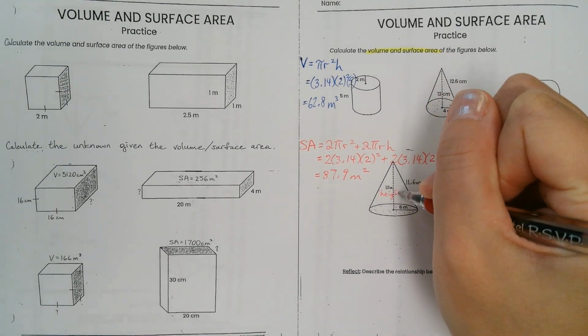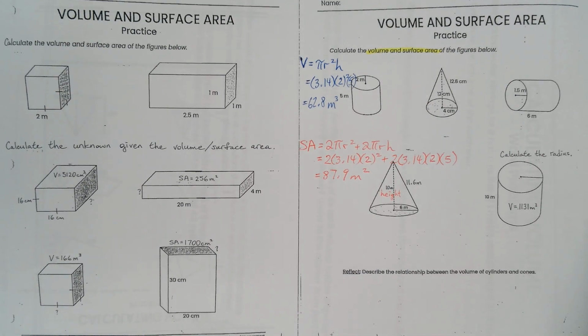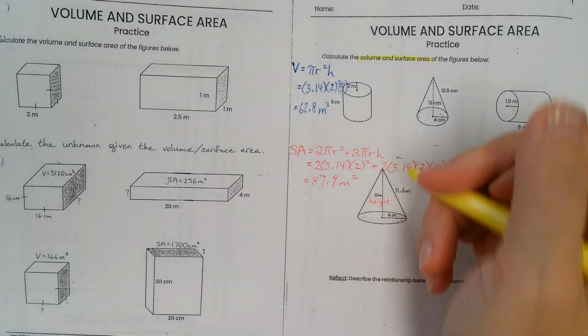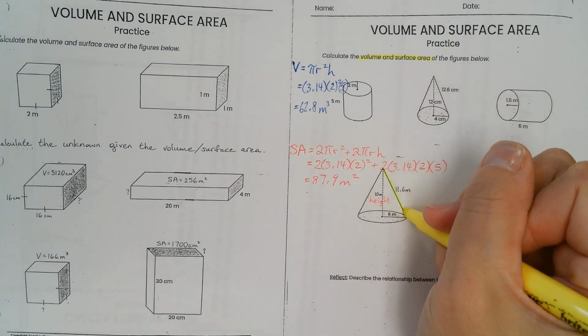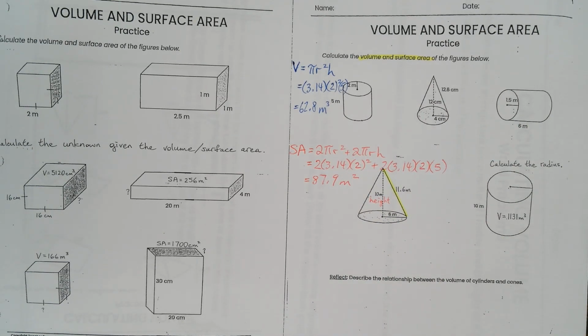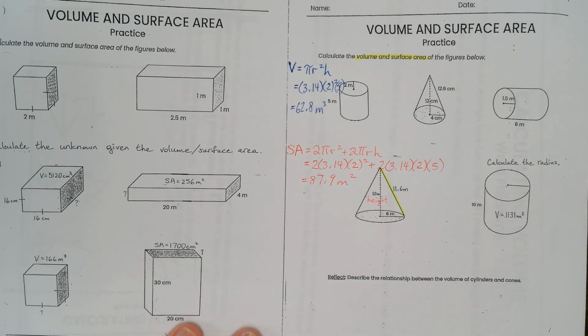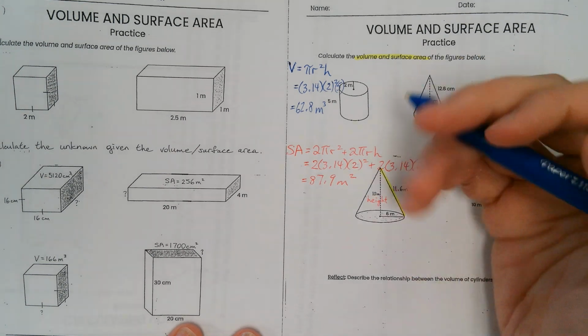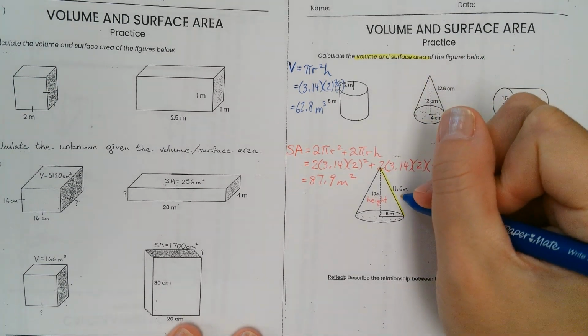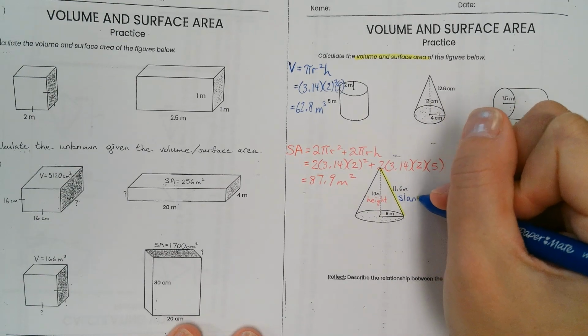The 10 is the height. Then what is this side? Wow, good job. How did you know that term? Good job. Okay, yeah. So this diagonal part right here, this is called your slanted height.